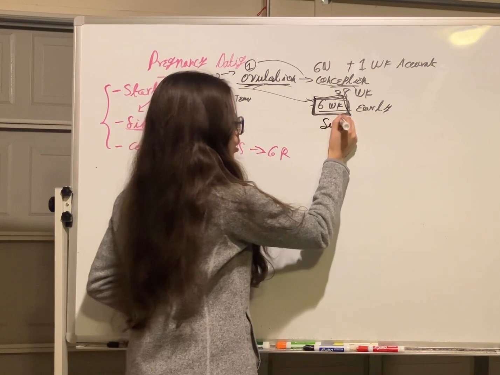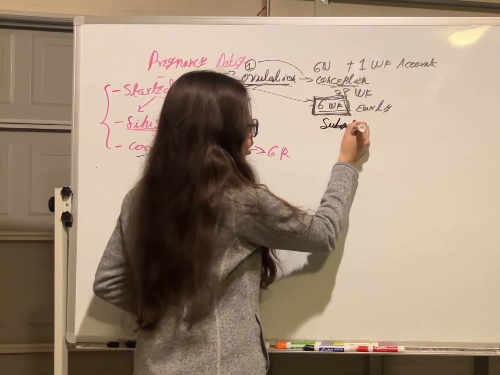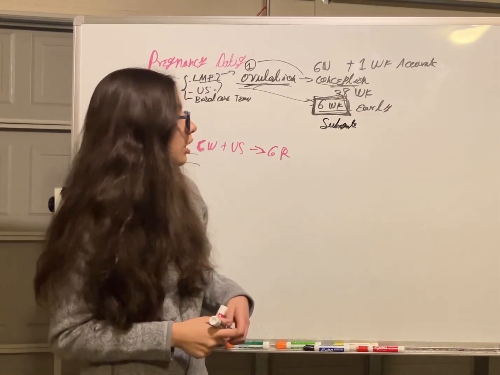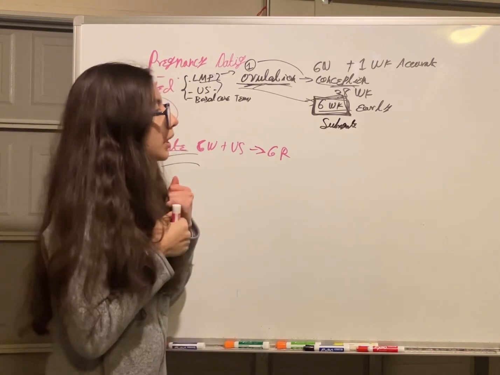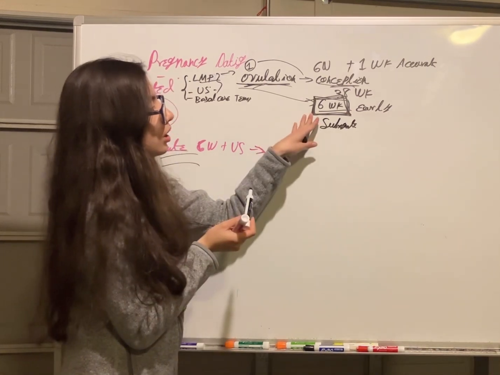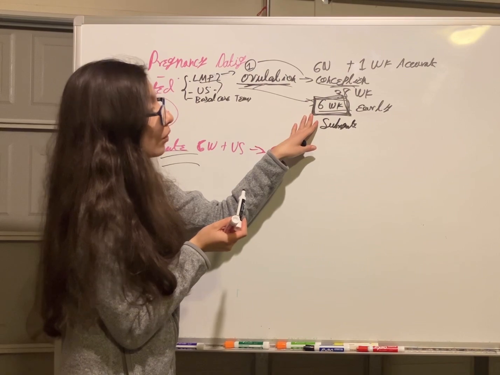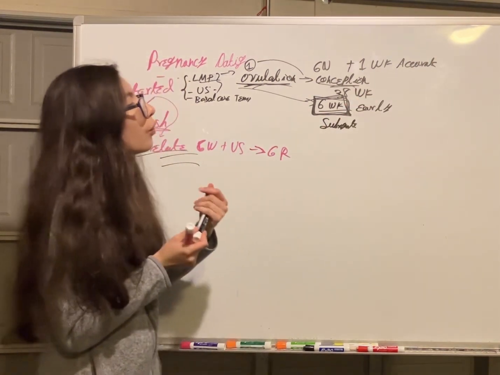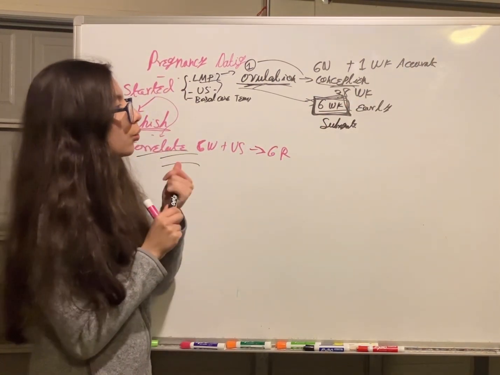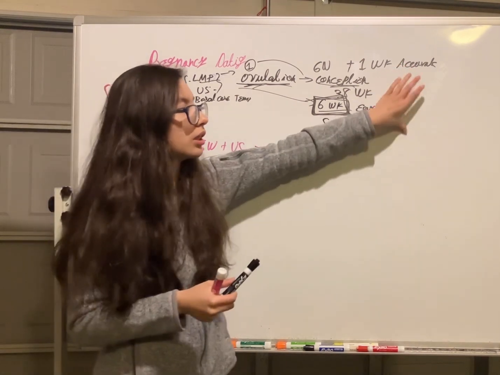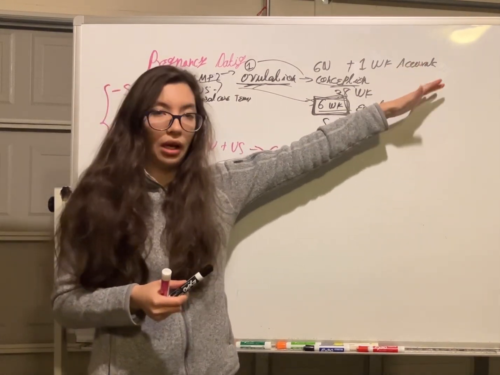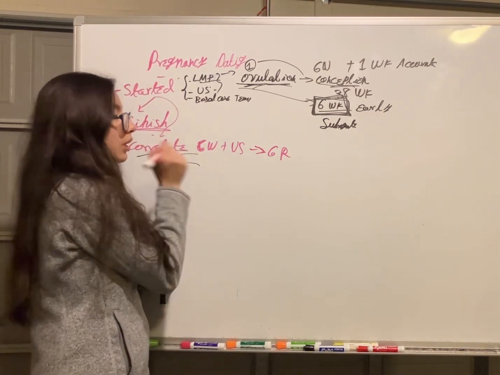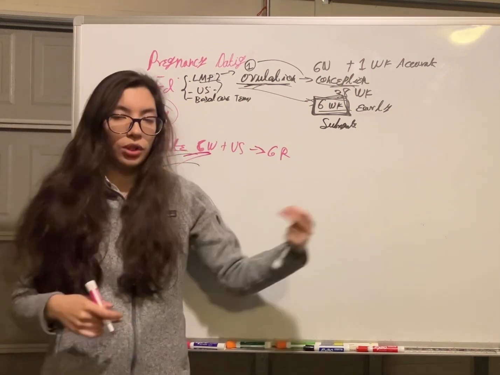So we will take this as a surrogate of how many weeks the woman is pregnant, and depending on the difference between the ultrasound estimation of the gestational weeks and the last menstrual period estimation of gestational weeks, we are going to determine which gestational age we will use to correlate with the subsequent ultrasounds.